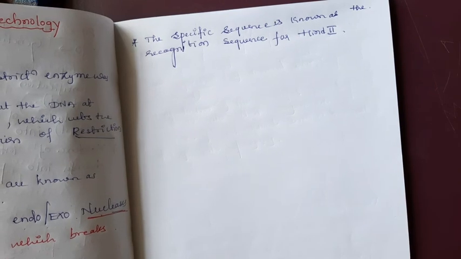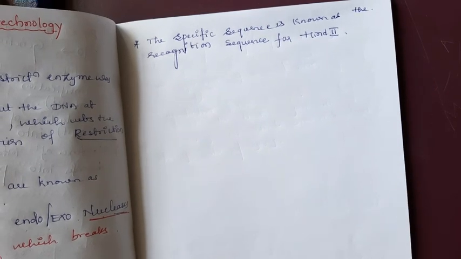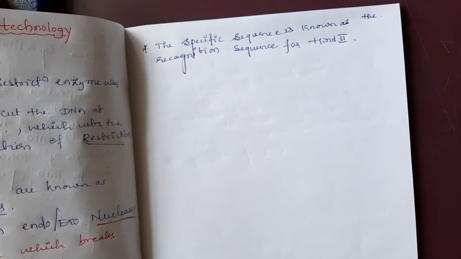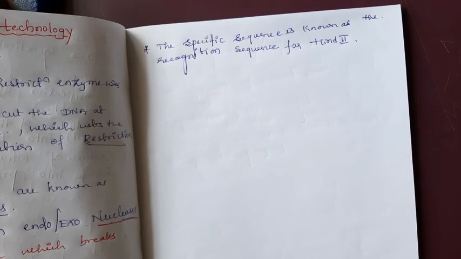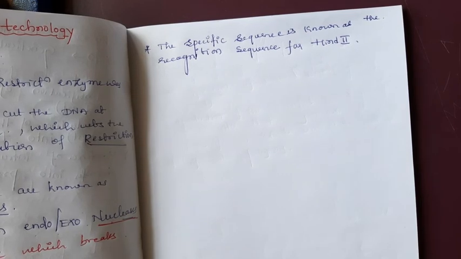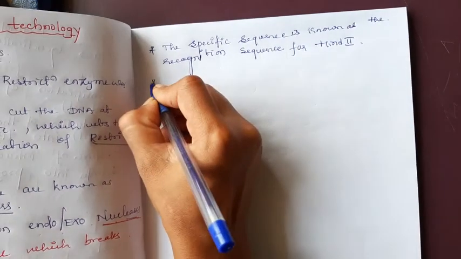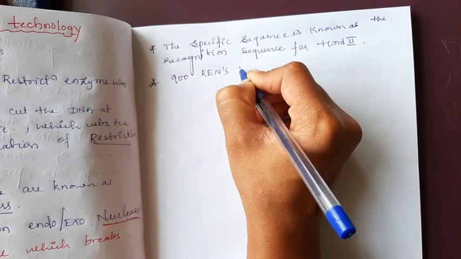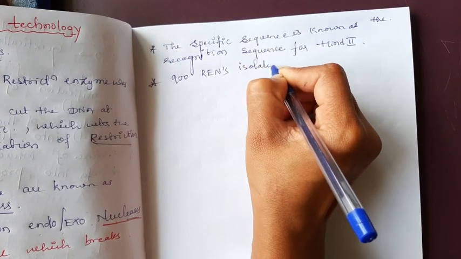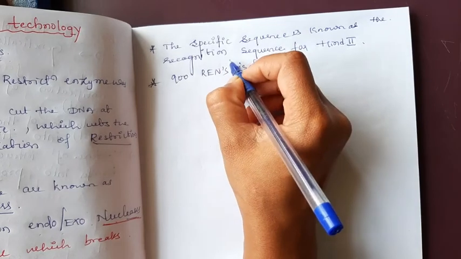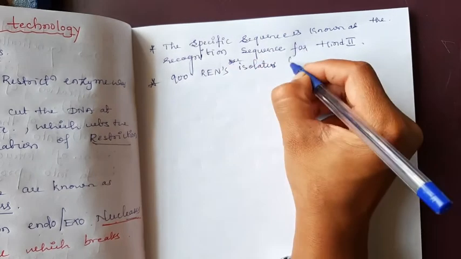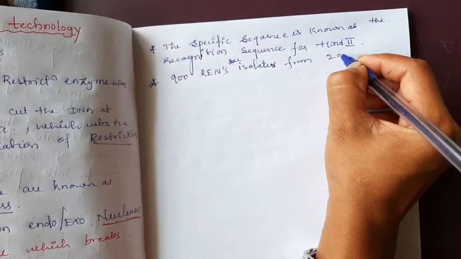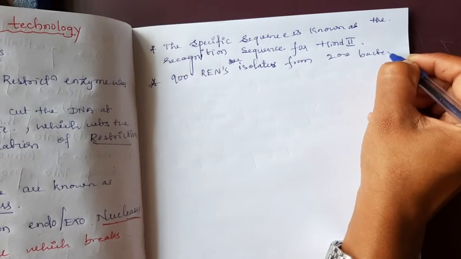Okay, means after the discovery of this Hind2 restriction enzyme, 900 restriction enzymes have been isolated. Nowadays 900 restriction enzymes are isolated from 200 bacteria.